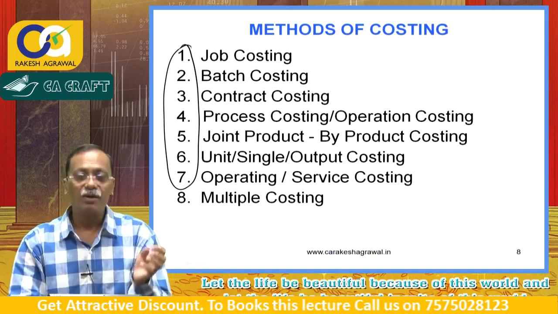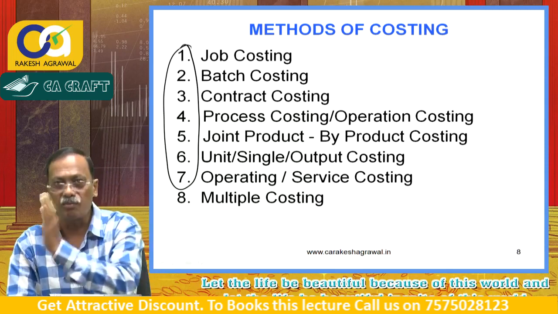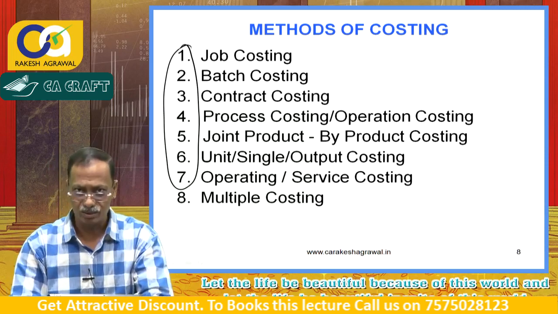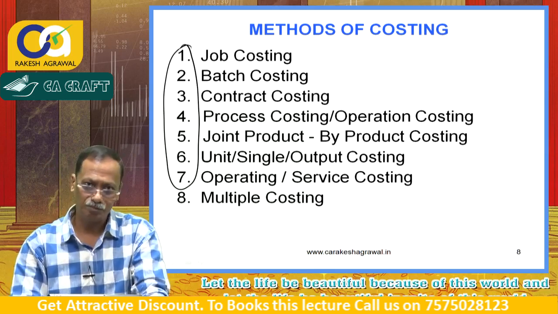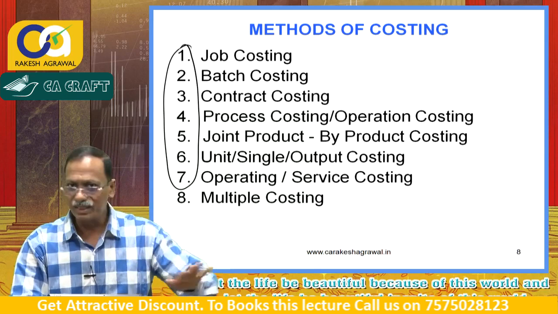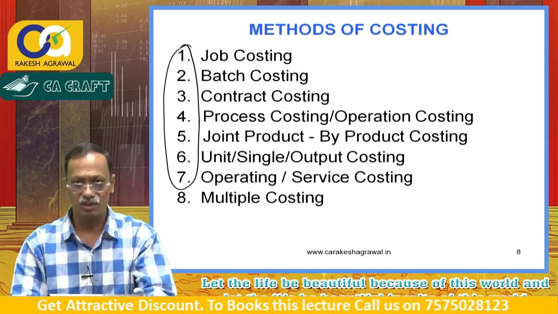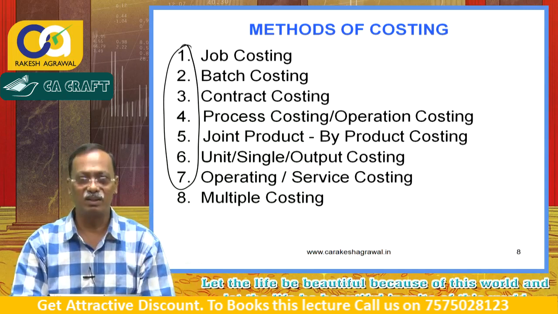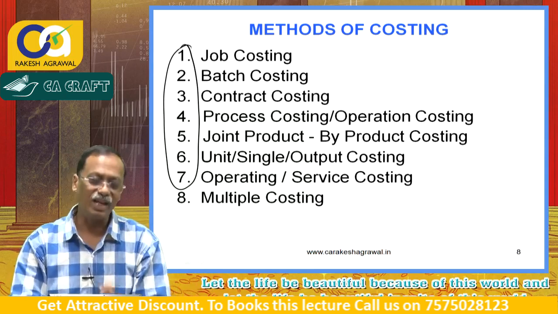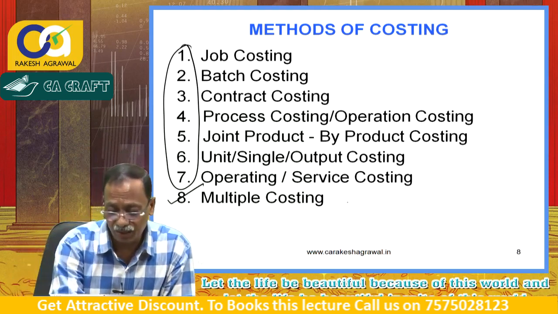When you use multiple methods of costing to ascertain the cost, you are said to be following multiple costing. So multiple costing itself is not a separate method. It is the use of multiple methods of costing. Out of the 1 to 7 methods, if you have to use more than one method together, then you are said to be using multiple costing. Now this multiple costing is generally used in assembly line industry.